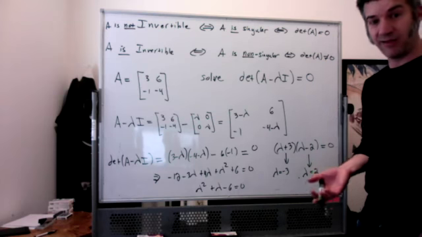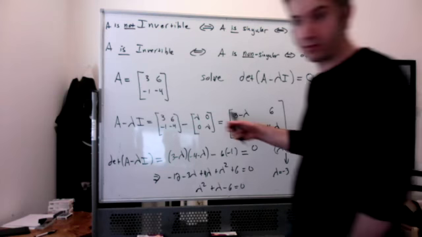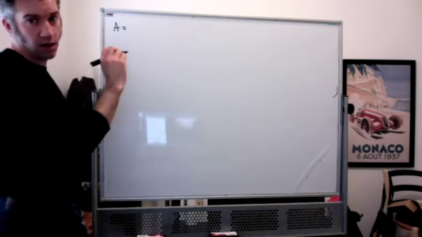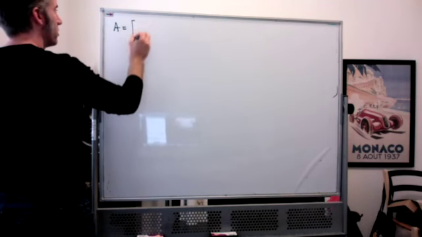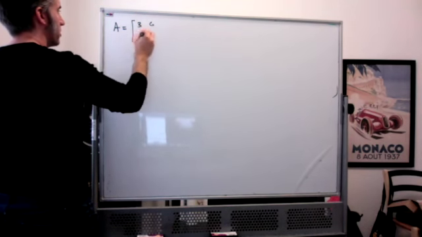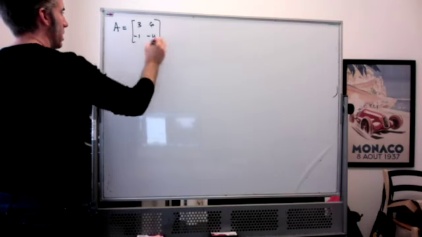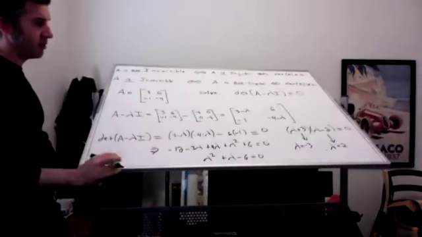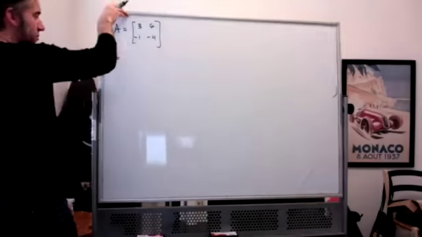Okay, let's find the eigenvectors. Again, here's our matrix A, [3, 6; -1, -4]. We found our eigenvalues, and let's deal with lambda equal to +2 first.